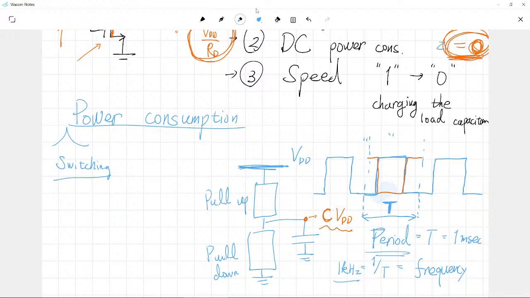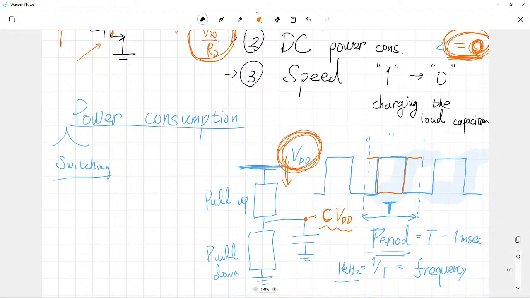Once we have 0 value, after that we charge it to its maximum value, and that's the end of our one single period. After that, it is discharged, and now it is charged again. So who charged this capacitor? Yes, this VDD provides certain current to charge it.